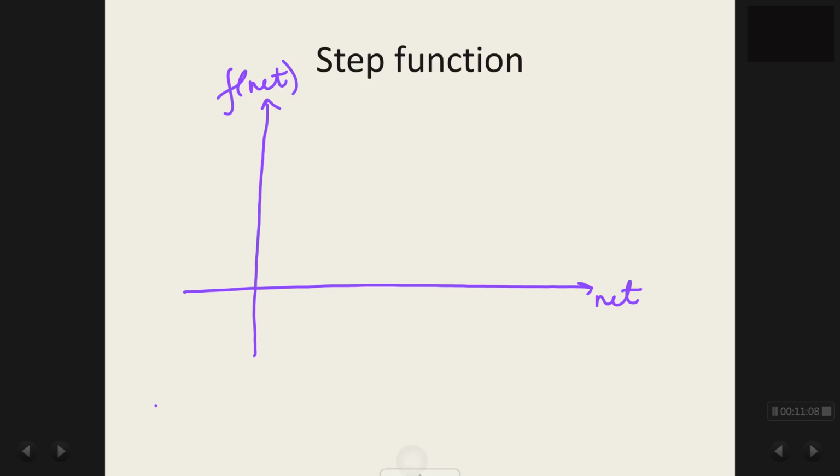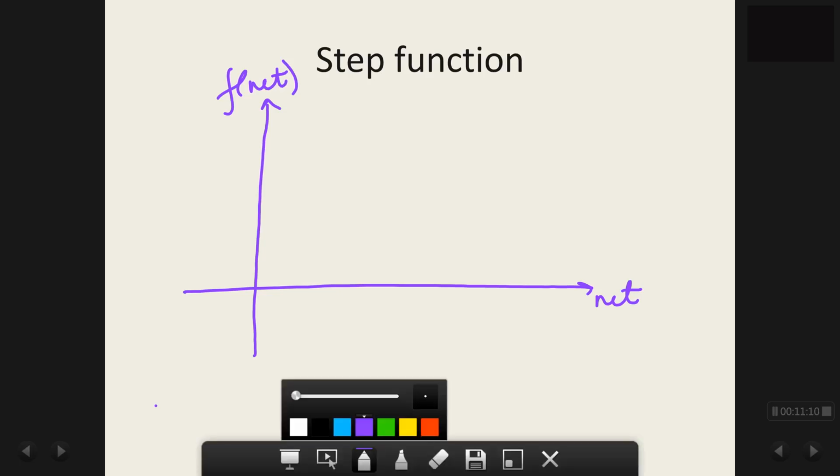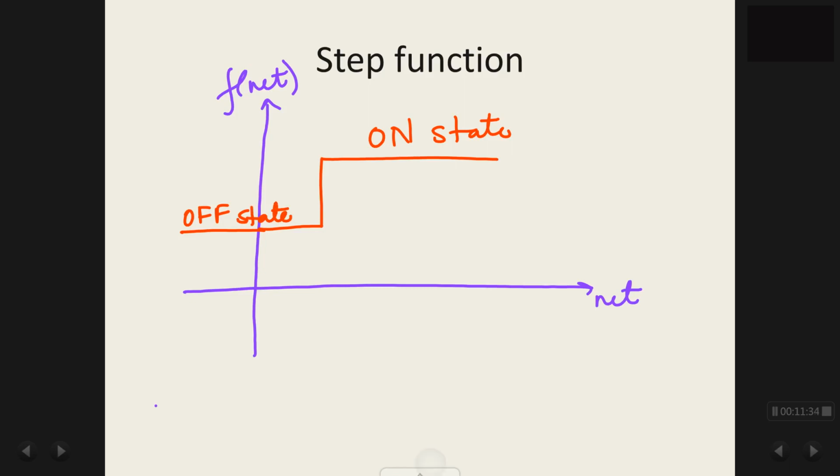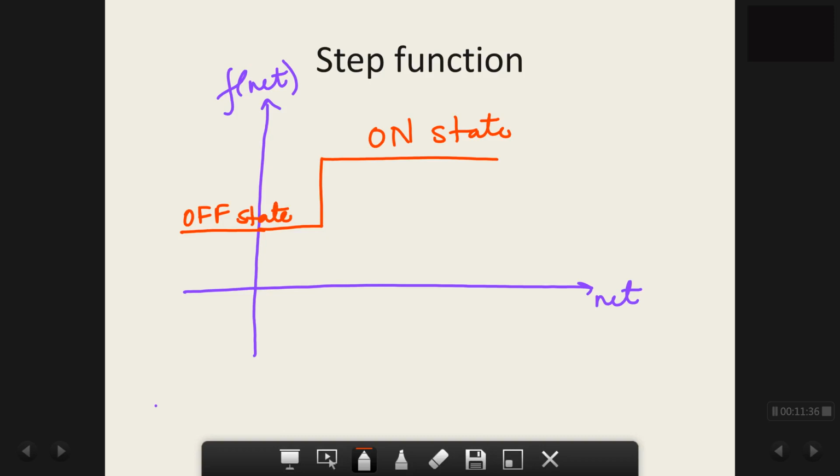So I shall just draw the step function. This is just one step function. In this case there are two states. This I would say as the on state, and this I would say as the off state. So what is the value of this?